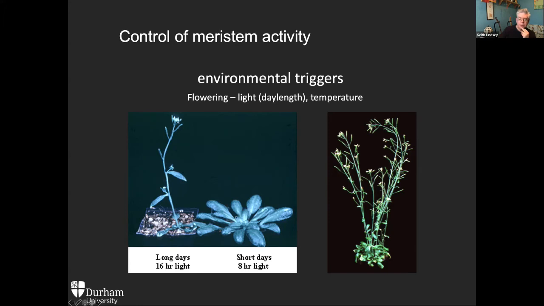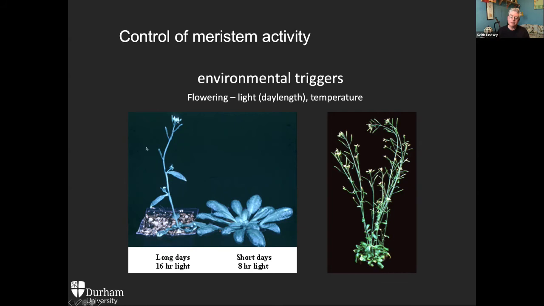So during the short days, this would be an 8-hour day and 16-hour night, that would be typical of the winter time. But in longer days, which could be either in the spring or the autumn, the plant will flower. But it doesn't flower in the autumn because another environmental factor, a level of regulation that's layered on the day length regulation, is temperature. So if the plant has been exposed to cold for a long period of time, it will flower.